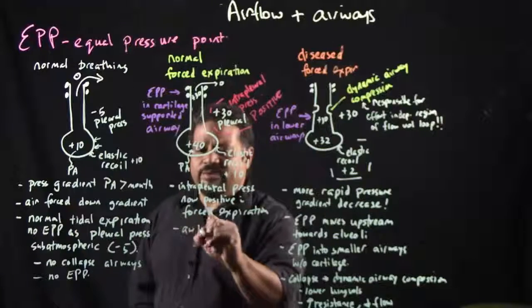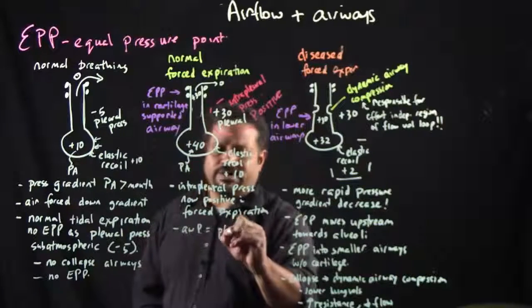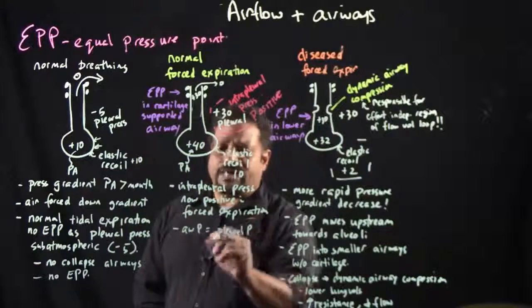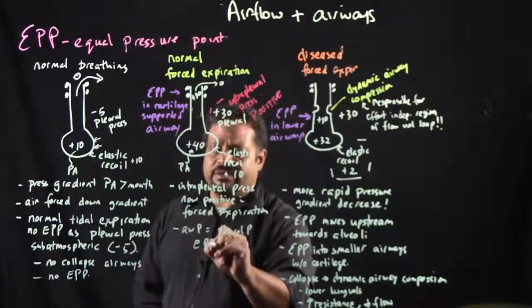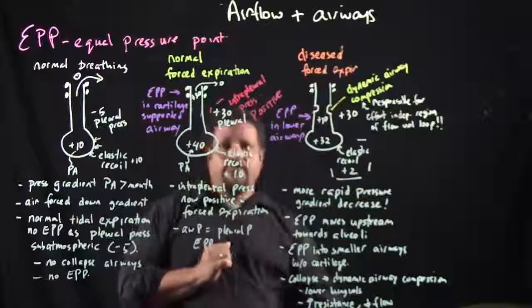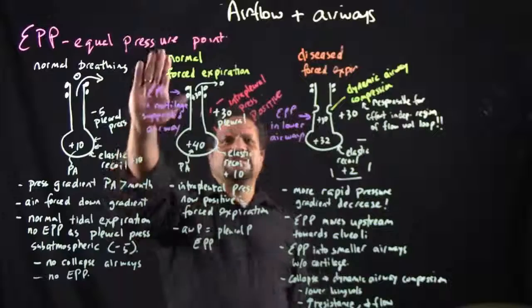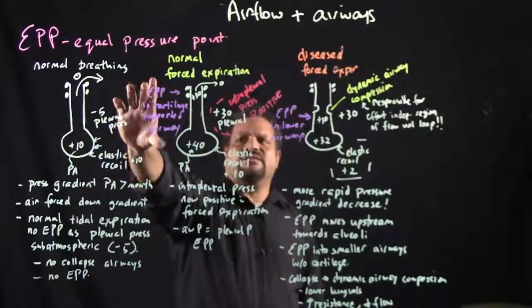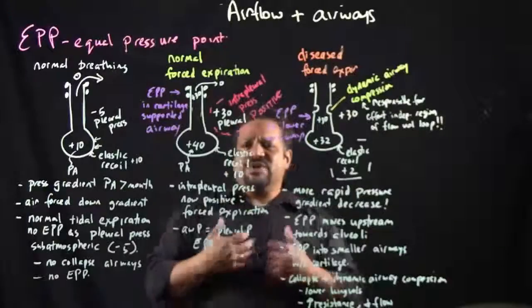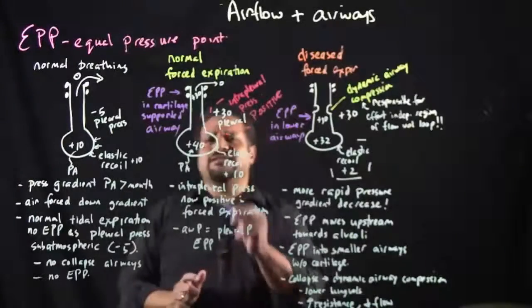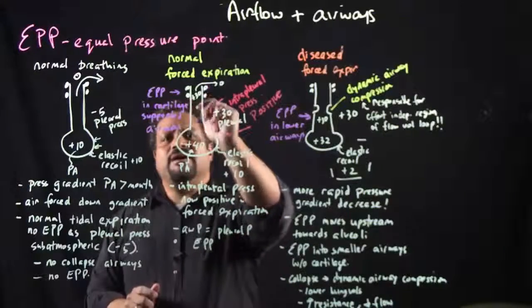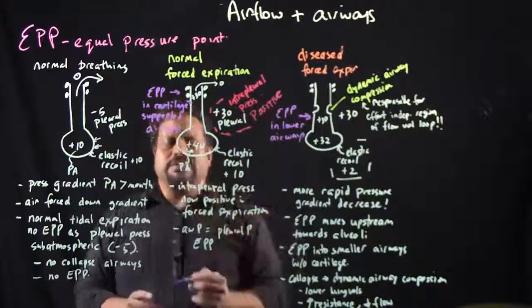So airway pressure is equal to pleural pressure. And that's where the equal pressure point occurs, okay? So what we have in the normal forced expiration, the EPP is in cartilage-supported airways. And as you exhale more and more and more, slowly it moves down into the non-supported airways.